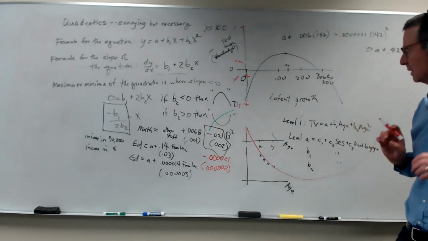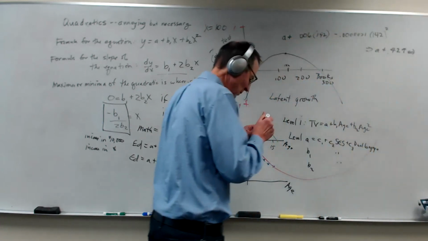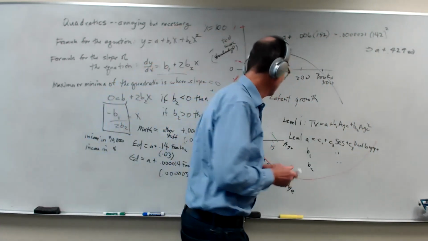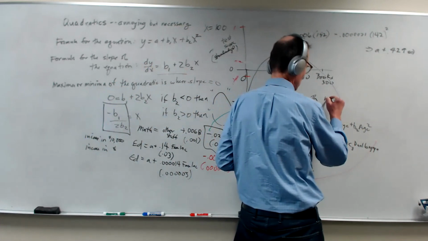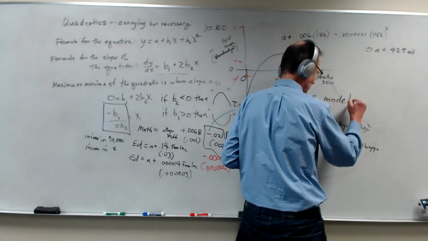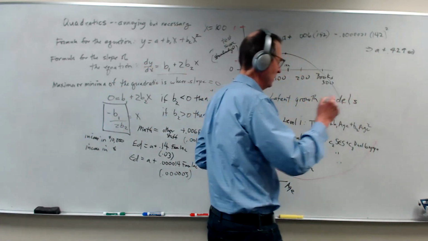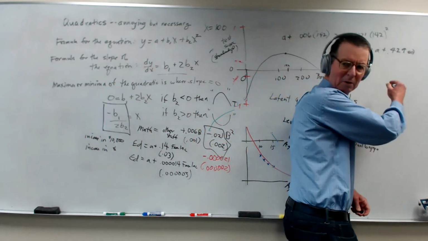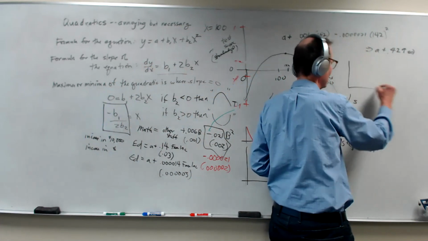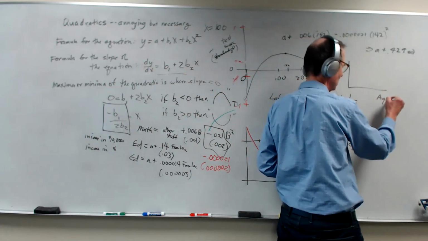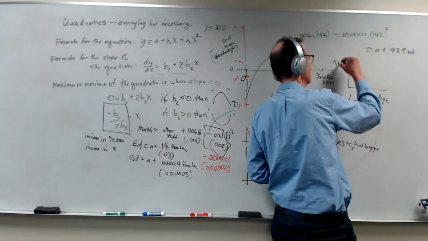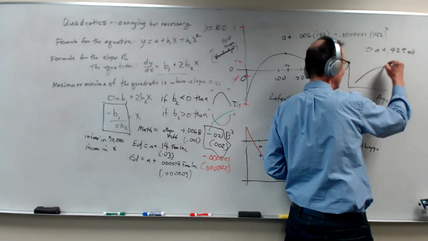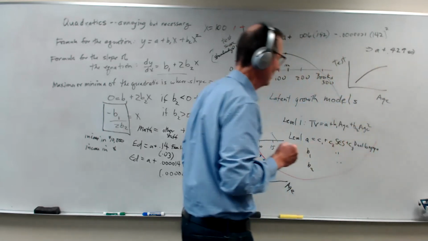So my final point about quadratics is that they show up a lot in these latent growth models. They show up because in the aggregate, it's a test score and age. In the aggregate, test scores tend to increase at a decreasing rate.